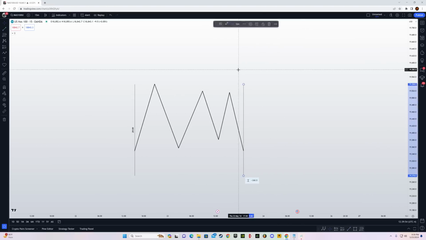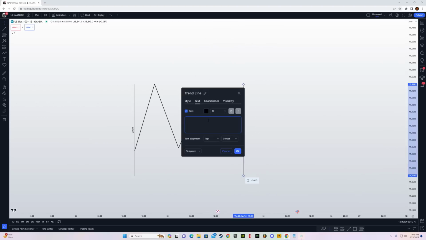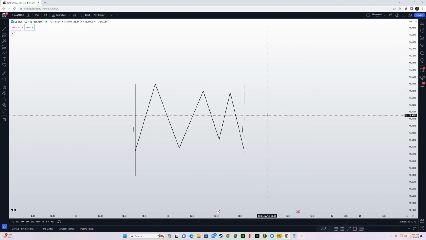The actual Asian range ends at midnight, which is 12 a.m., but for this strategy, we're going to use 2 a.m. as our closing time for the Asian range. So this is basically 2 a.m.